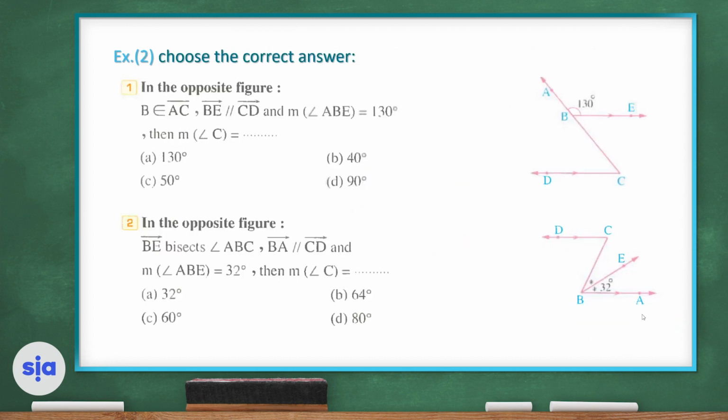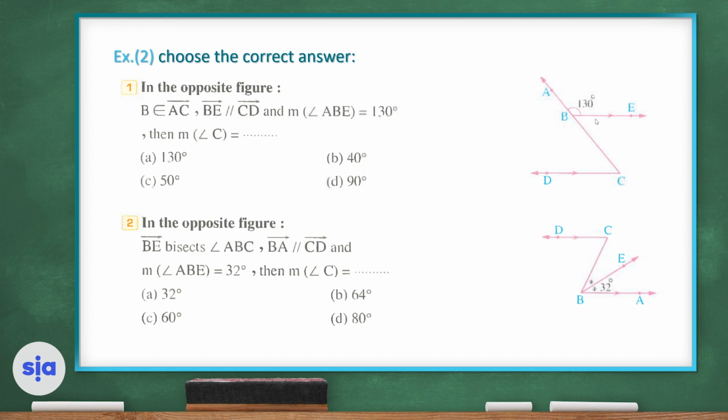Exercise number 2. In the opposite figure, B belongs to AC and BE ray is parallel to CD ray, and the measure of angle ABE is 130 degrees. How can we find the measure of angle C?